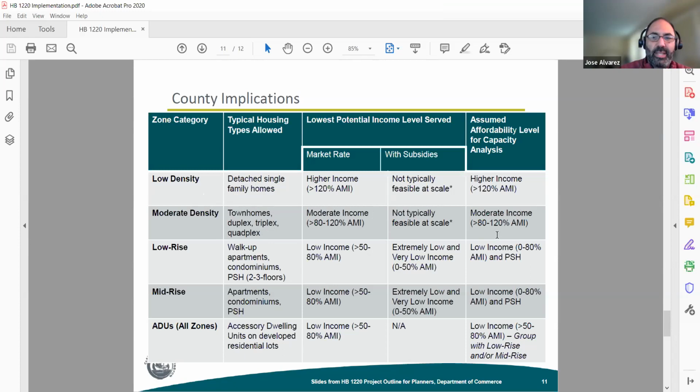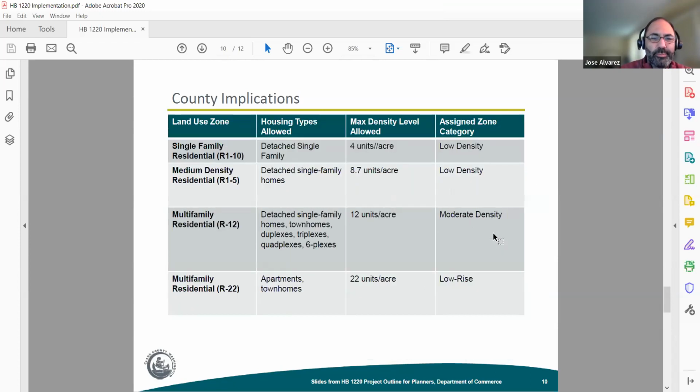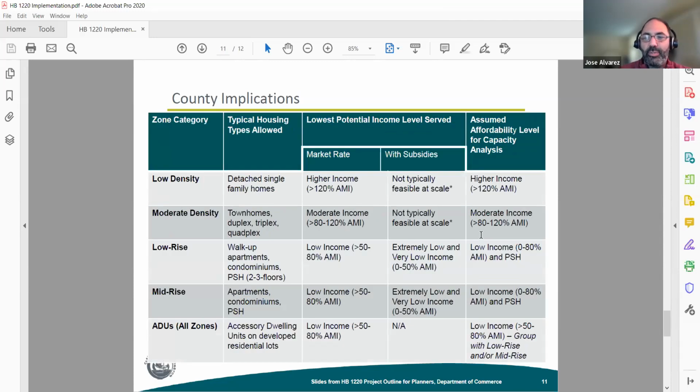And it's that moderate density, which would fit into that multifamily residential. And some of the things that are being proposed is trying to expand those housing types into our single family zones where we have the bulk of our land.